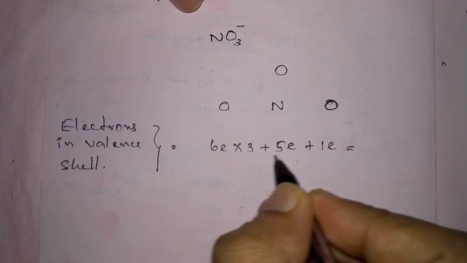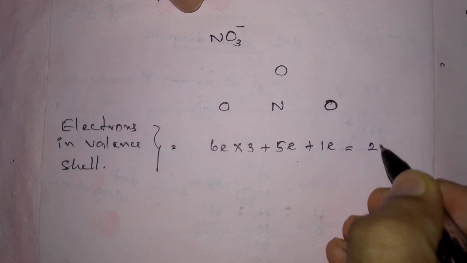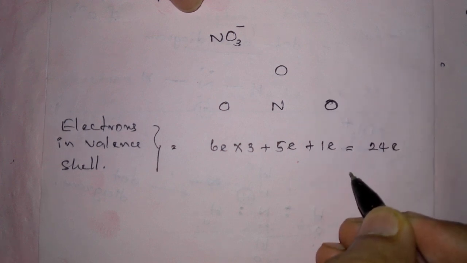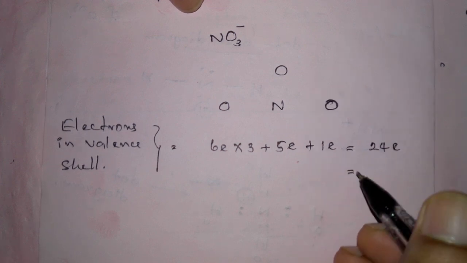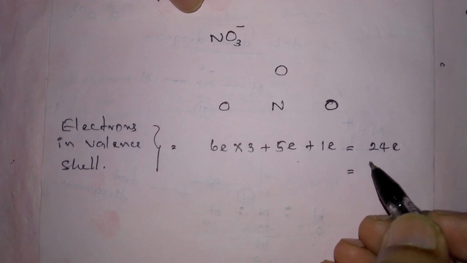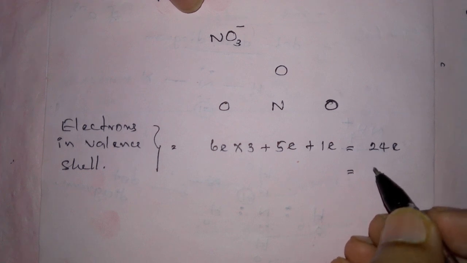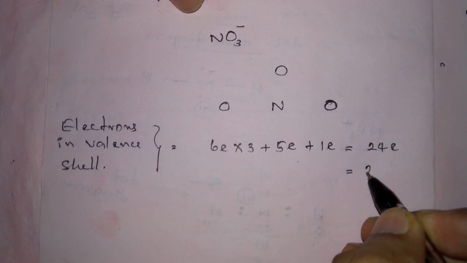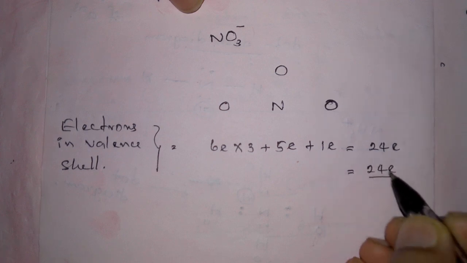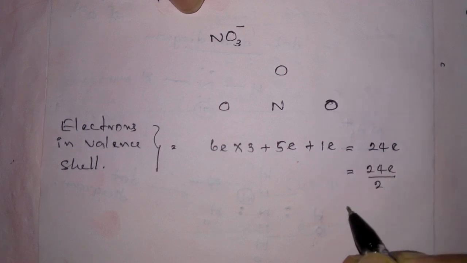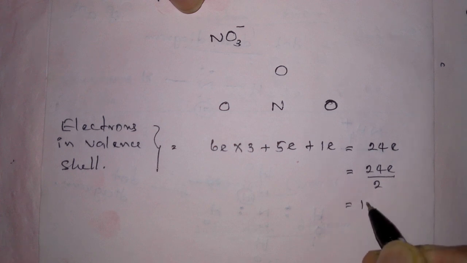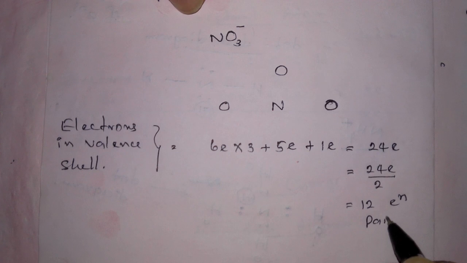Then we can see there are 24 electrons, and then we can find the number of electron pairs. Then divide this 24 electrons by 2, so we can see there are 12 electron pairs.